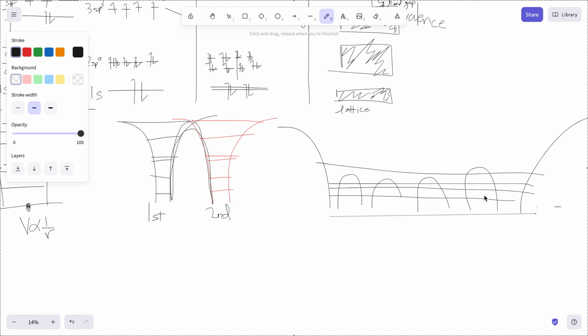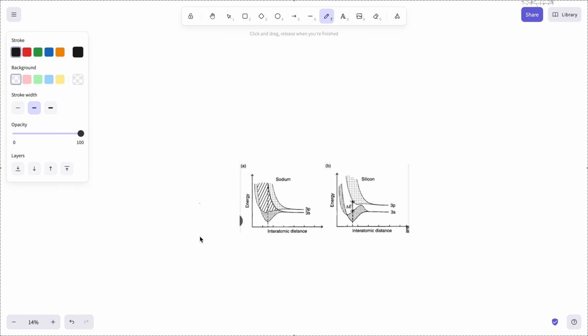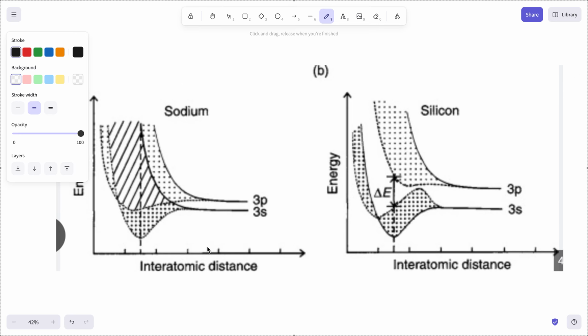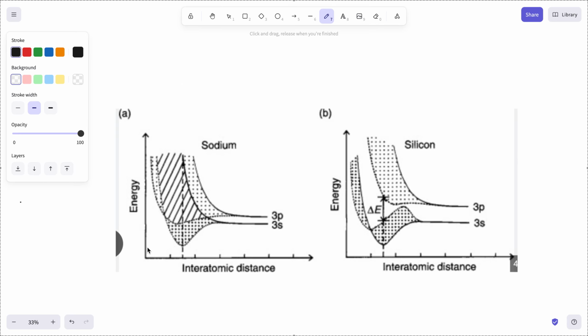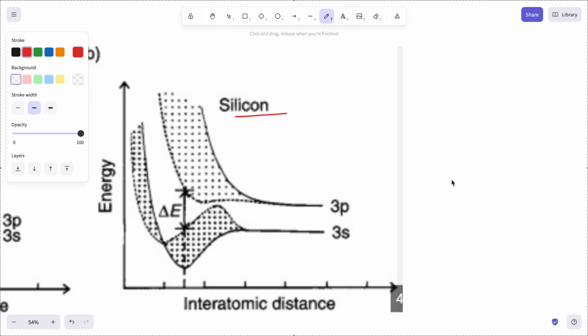So to understand this further, we're going to look at this diagram that I have here of the energy of the atoms as a function of the interatomic distance between them. So this is sodium and this is silicon. Let's start with silicon, which is our semiconductor material.